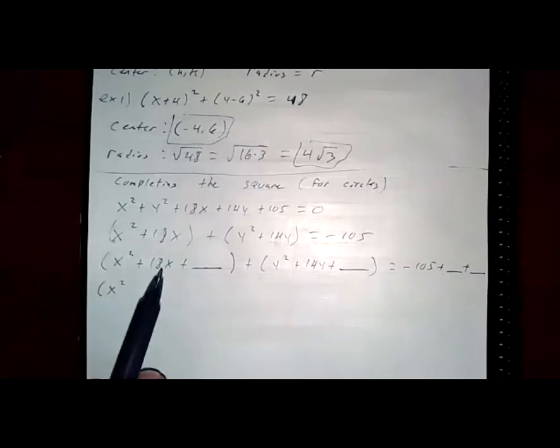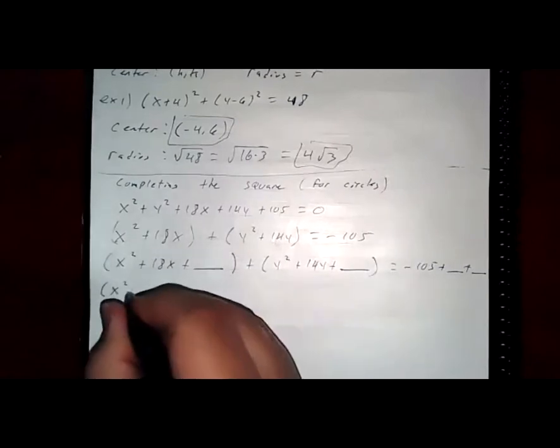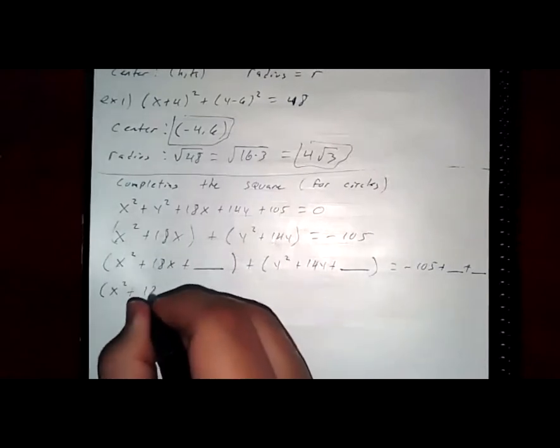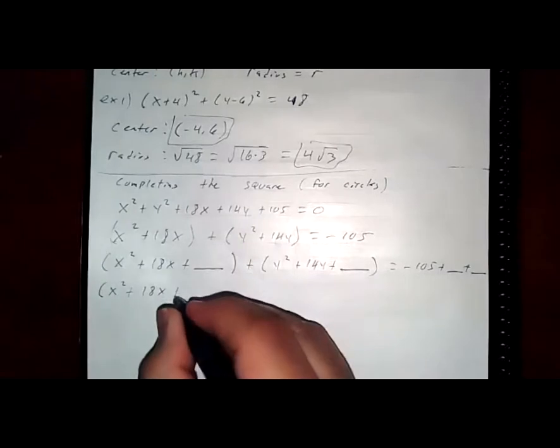So one for the x, one for the y. So this number, we said has to be half of the b, squared. So the b term is the 18. So what is half of 18? 9. And if we square 9, what do we get? 81. So that's the number that's going to complete the square.